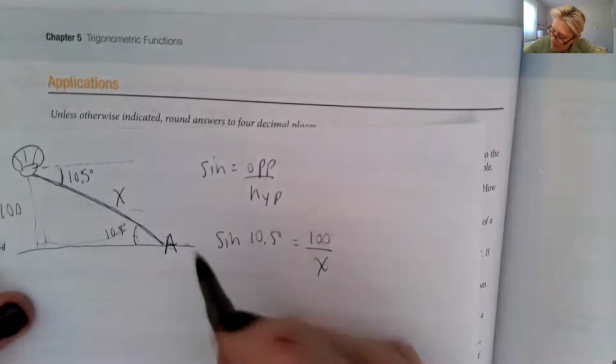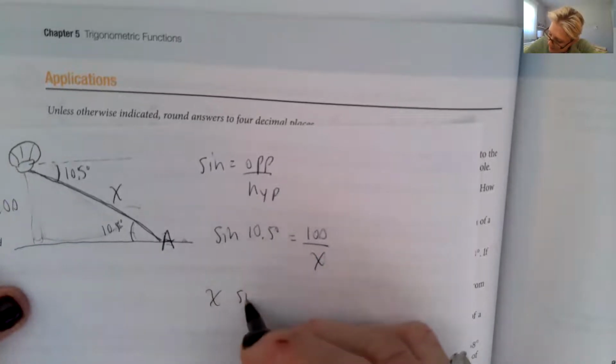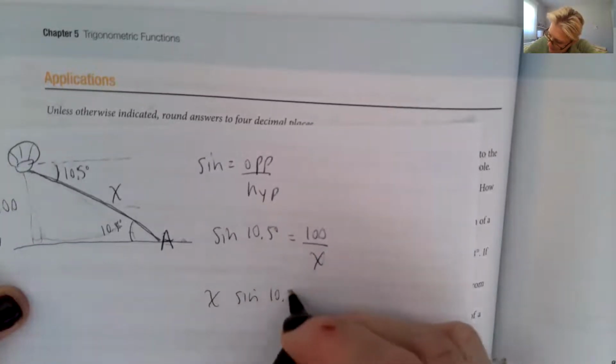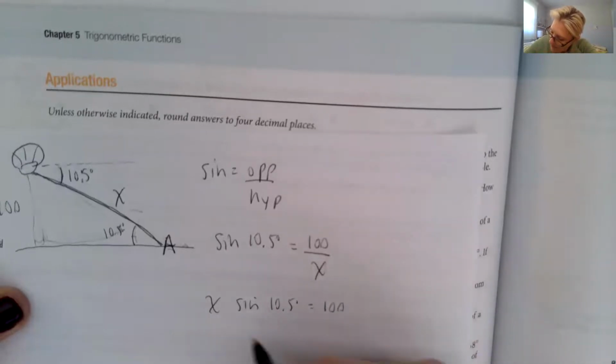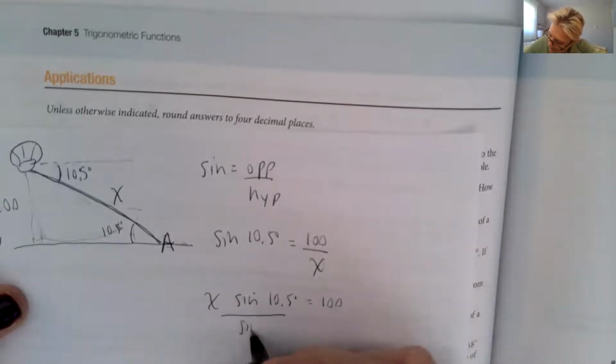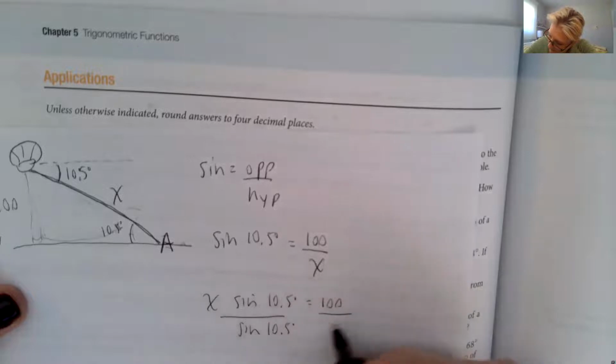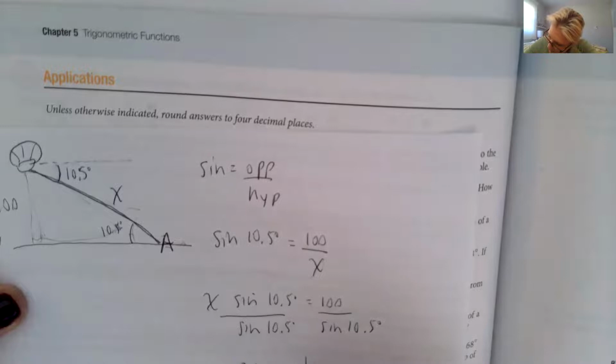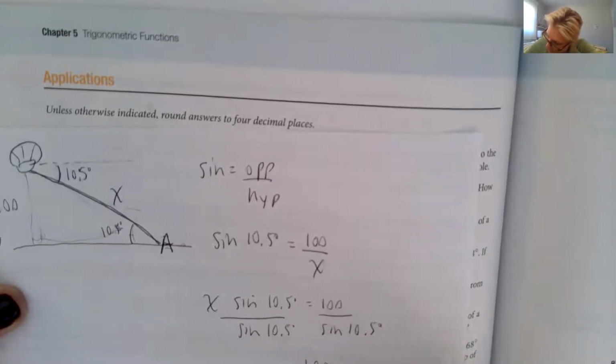So we can multiply both sides by X, and then divide by the sine. So X equals 100 divided by the sine of 10.5 degrees.